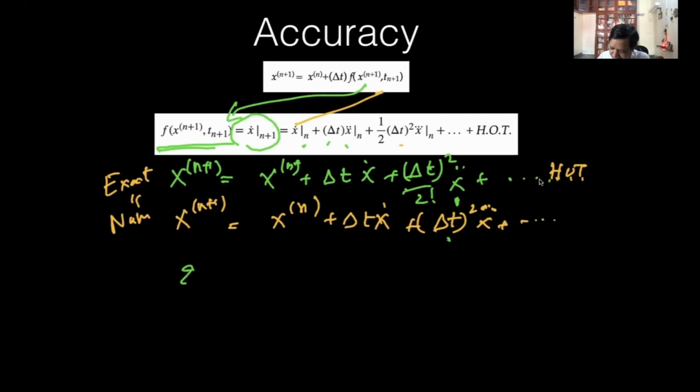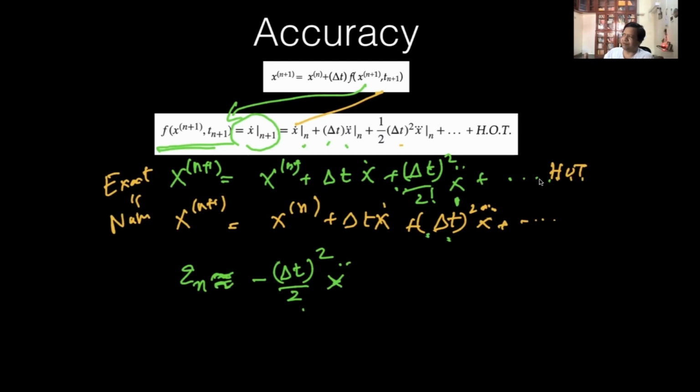So my error epsilon n, which is exact minus numerical, that is my definition. Some people use it the other way around, but I use exact minus numerical, which will be minus delta t squared by 2 x double dot. So my error is order delta t squared, plus higher order terms, but for small delta t, this term will be dominant. The next term is delta t cubed.